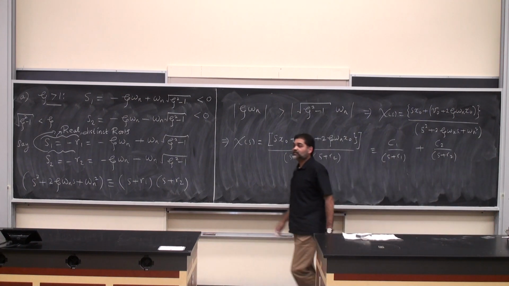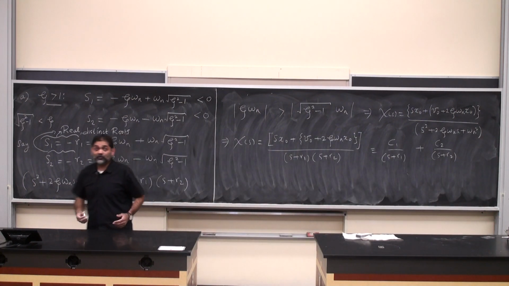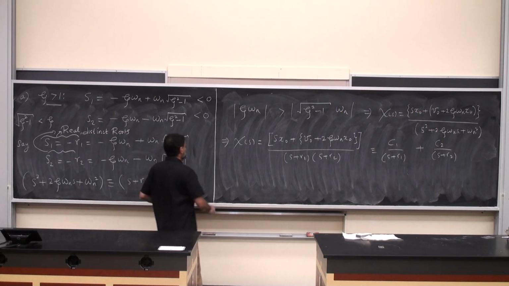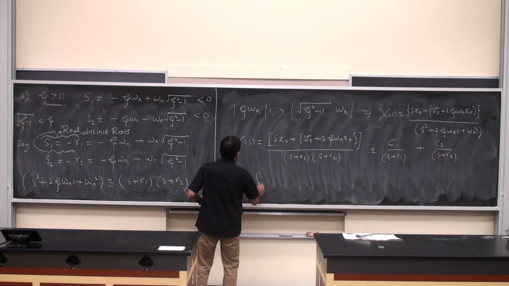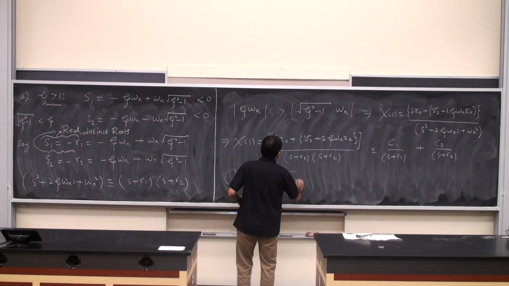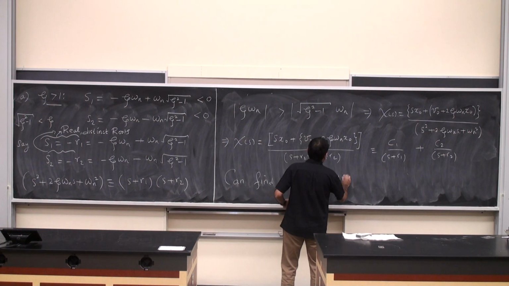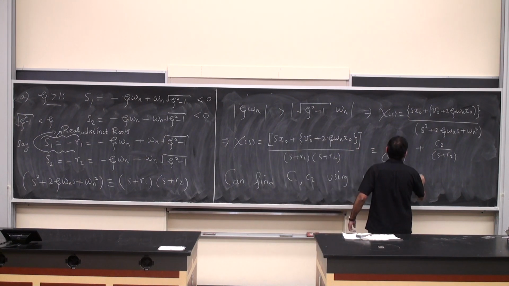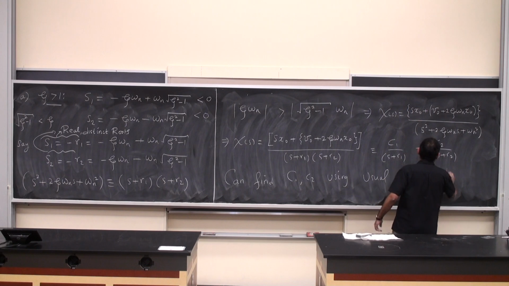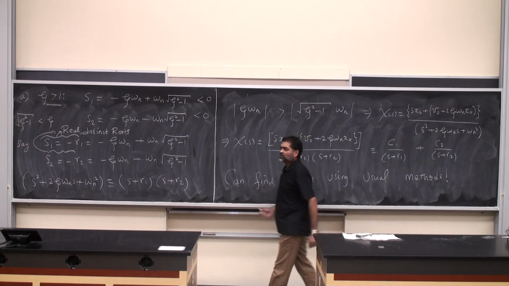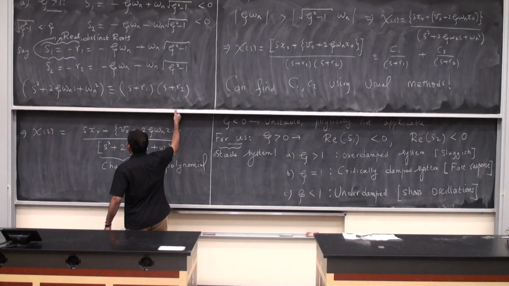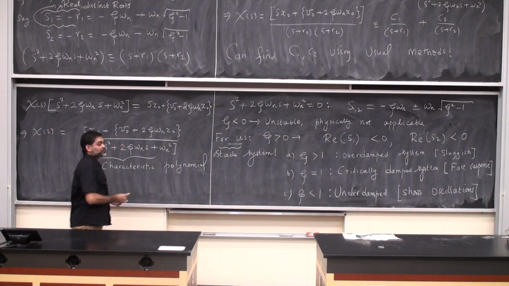You can find C1 and C2 using either MATLAB, or you can just use the theory of partial fractions. Okay, so C1 and C2 can be found using usual methods. And as we solve an example, it will become more clear, if it is not already.